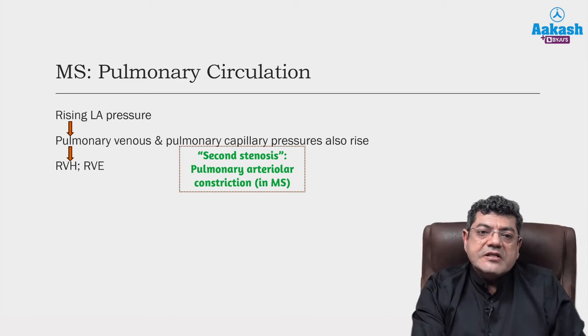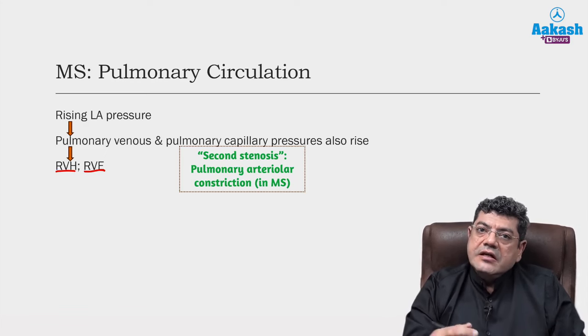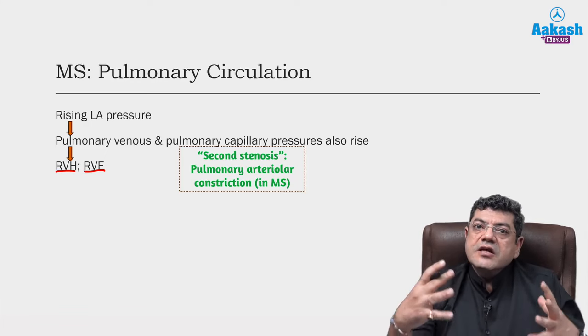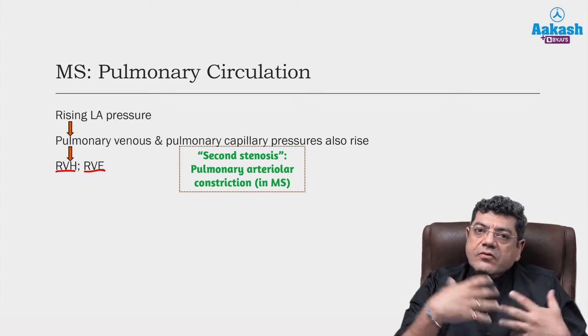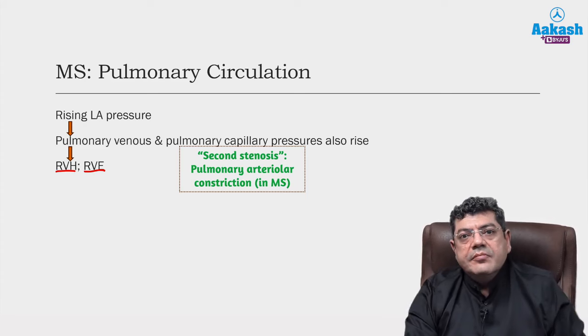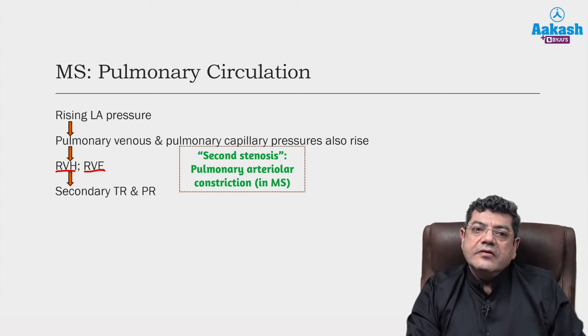So eventually what's going to happen with that is that the right ventricle will hypertrophy and enlarge, and over time, even the enlarged hypertrophied right ventricle will not be able to overcome the pulmonary artery systolic pressures, and that is when the right heart can fail.